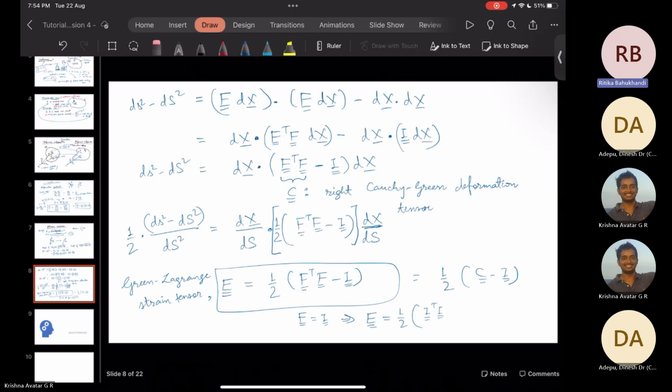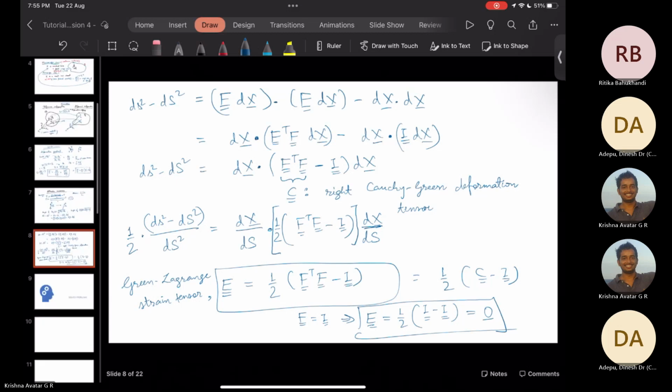And if it's multiplied with identity tensor, it's still an identity tensor, no matter to what power you raise it, say I squared, I cubed, whatever, it will still remain identity tensor. So we have I minus I is equal to 0. This was more of a thought experiment on why this expression is valid. So you clearly see that strain is 0 when there is no deformation.